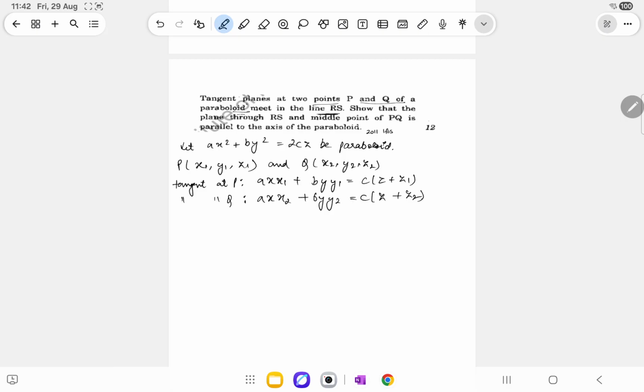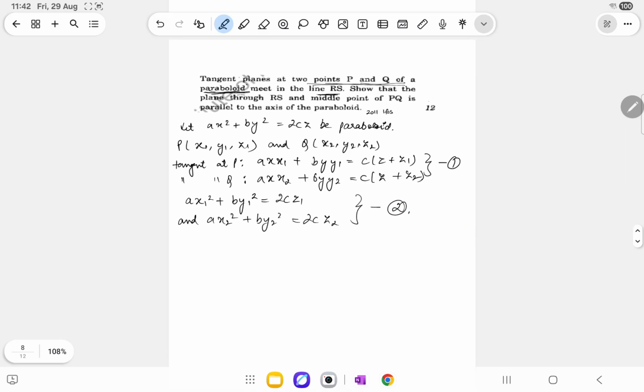Also, the question says that these two points lie on the paraboloid, so they must satisfy the equation of the paraboloid. Using that, we get ax1 square plus by1 square is equal to 2cz1 and ax2 square plus by2 square is equal to 2cz2. Let us name it as 2.